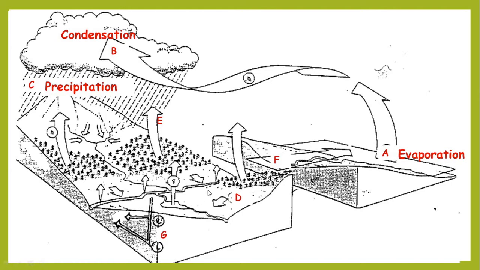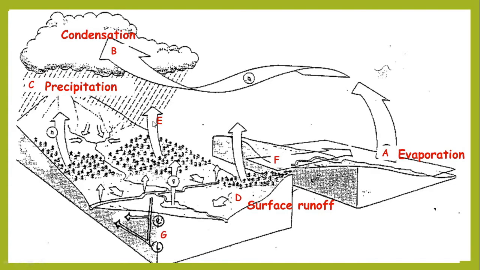We'll come to that in a minute. But if the land that the precipitation falls on is impermeable, that means that water cannot soak in. And so at D, what this arrow is representing is surface runoff. Literally, the water runs over the surface into the rivers and streams and back to the seas and oceans.